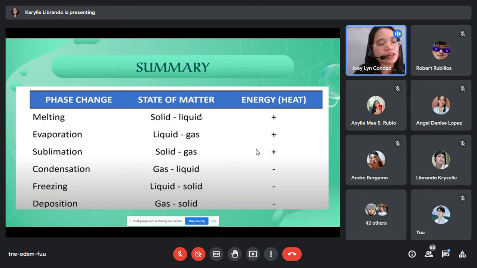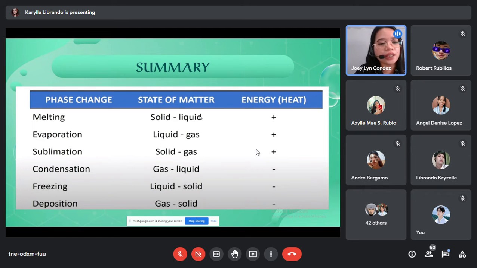Okay, next slide, Karil. So we have here the summary: melting, evaporation, sublimation, condensation, freezing, and deposition. For melting, in order to change the solid phase of matter into liquid, we need to add heat energy. Evaporation, liquid to gas, still add heat energy.